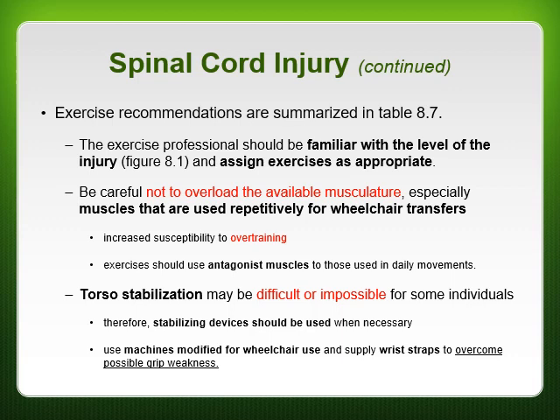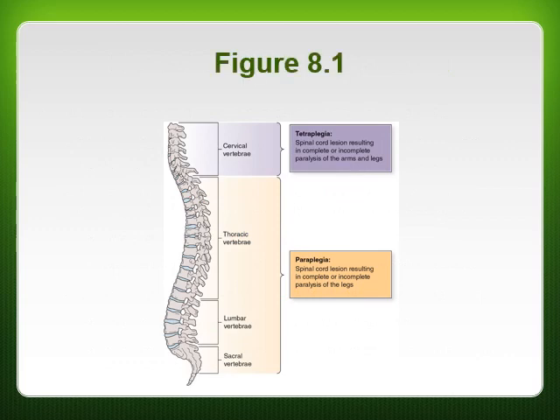They typically supply wrist straps, and those will attach at the wrist versus having to grab a bar or grab an attachment, and then they can still pull and use those muscles. So that's adaptive equipment that's available. There you see the site at which, if the injury occurs at any part here along the spinal cord, corresponding with all the different vertebrae of the spine, that tells you whether they would be experiencing quadriplegia or paraplegia.